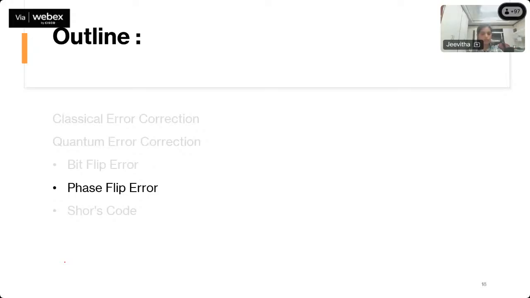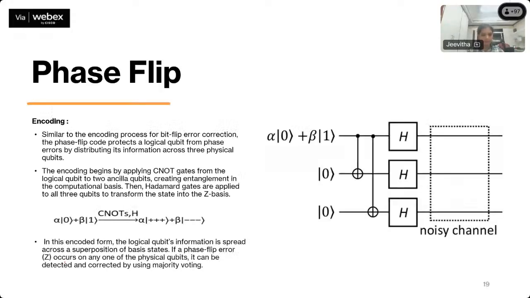Now let's look into the phase flip error. The encoding is almost similar to the bit flip, but what we are doing extra is adding Hadamard gates to all these 3 qubits.